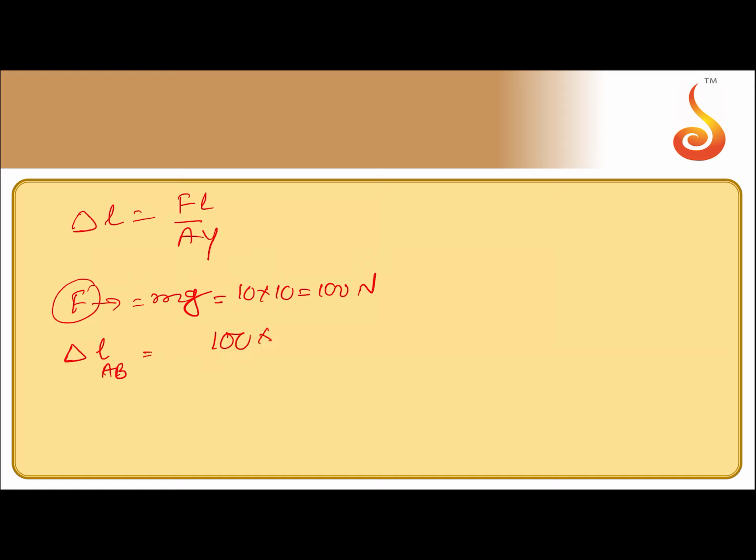100 Newton. Length of that rod is 0.1 meter. Its cross-sectional area is 10 to the power of minus 4. Its Young's modulus is 2.5 into 10 to the power of 10. So I can find out the value of delta L of AB.